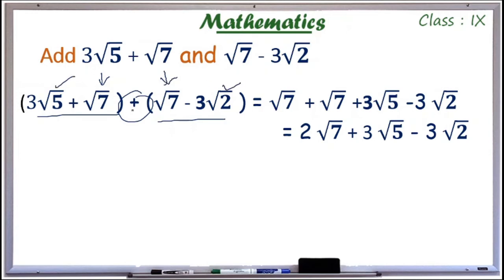So arranging the terms of root 7 first and arranging the balance terms. Root 7 plus root 7 is equal to 2 root 7. That only we can do because no other way of adding, because root 7 is entirely different from root 5 and root 2. So we cannot add this. The only step is adding root 7 and root 7.